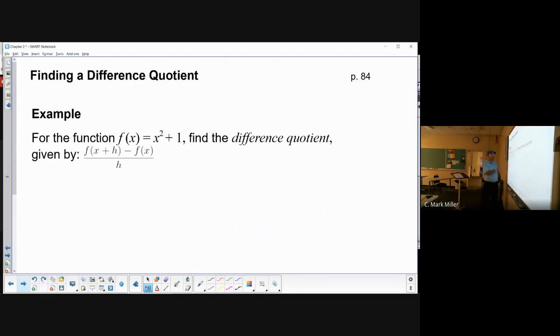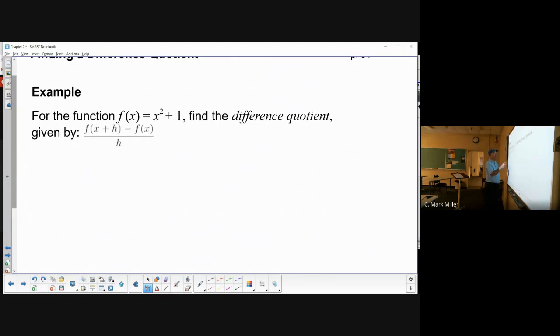So the difference quotient is going to be f of, well, you already got that, right? So what is f of x plus h? F of x plus h is the original function with x plus h plugged in everywhere there's an x.